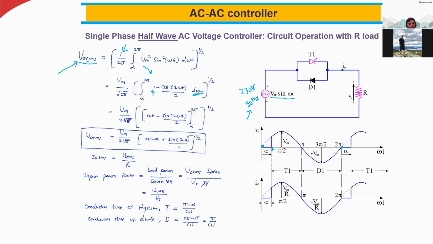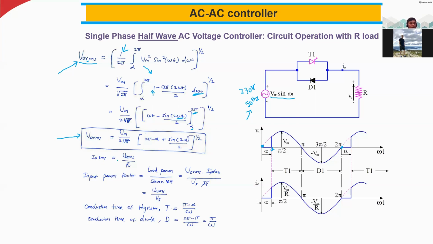When you apply 2 pi and alpha, it becomes 2 pi minus alpha, plus sine 2, because instead of omega t you are applying these limits. This is the standard limit substitution in mathematics. And you will get this final V_O RMS. This is the final formula for the RMS value of the output voltage of this circuit.